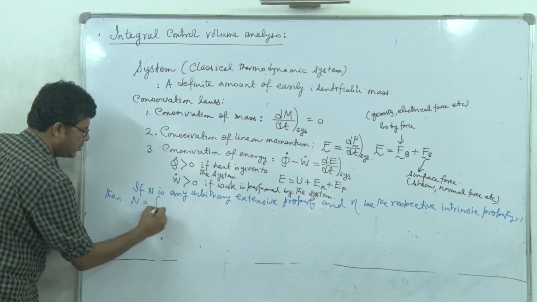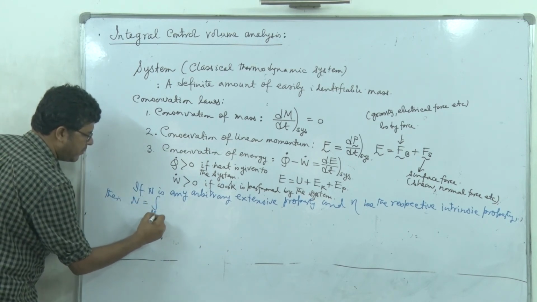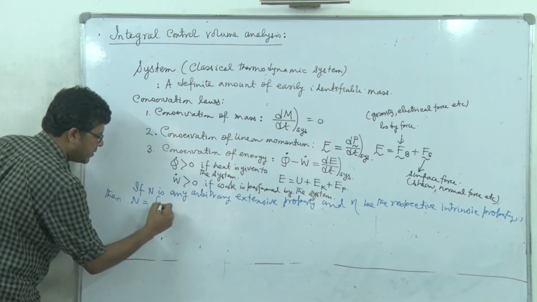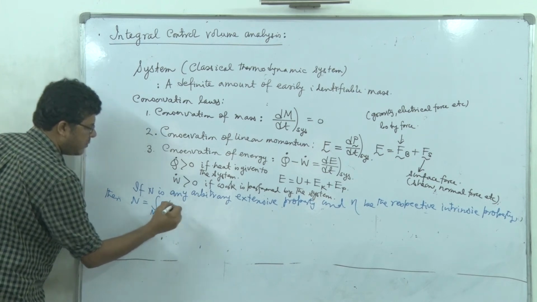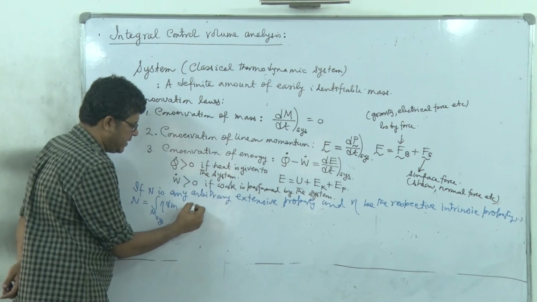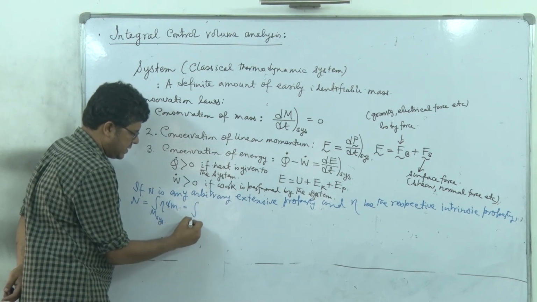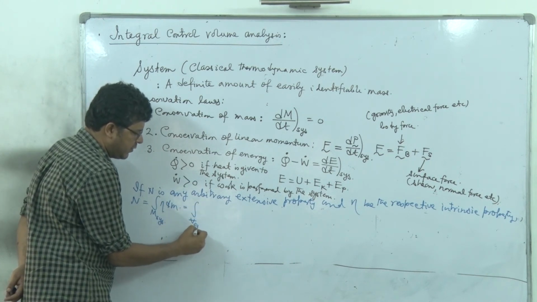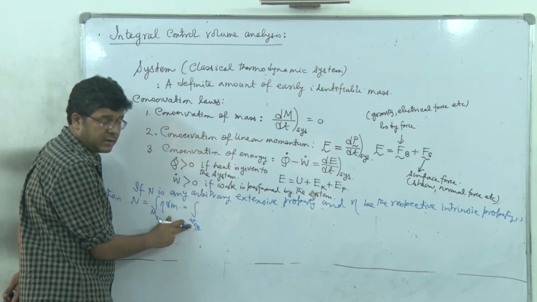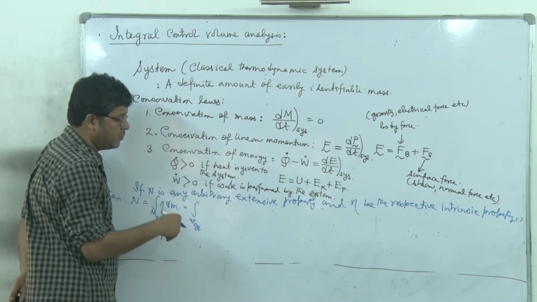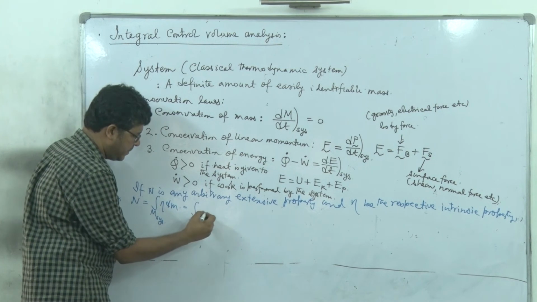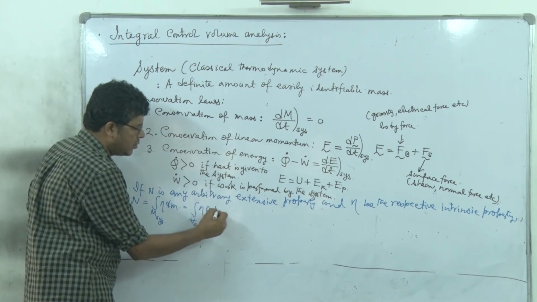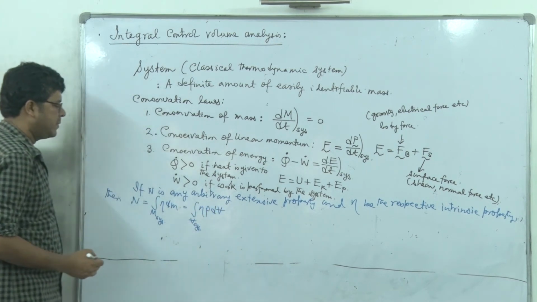n is equal to the integral over the mass of the system of eta dm, or alternatively we can write the integral over the volume of the system, V dagger or V cross, we are using to represent volume in order to differentiate it from velocity. So eta rho dV, right?